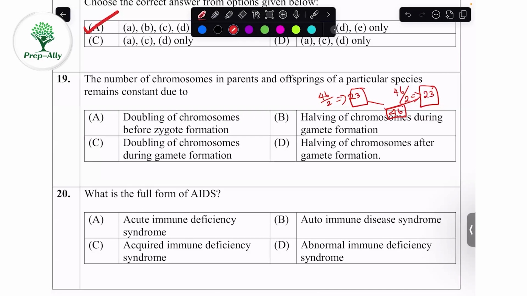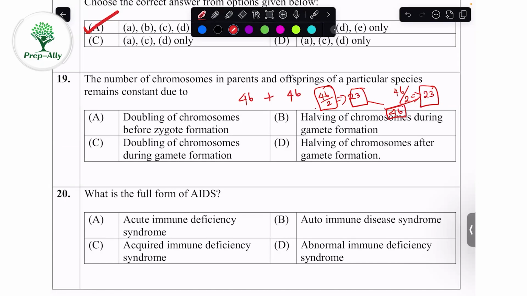The number of chromosomes in parents and offspring of a particular species remains constant due to this. If this halving or reduction process doesn't occur, what happens? The 46 chromosomes remain the same in the father's body, and likewise 46 in the mother's body.